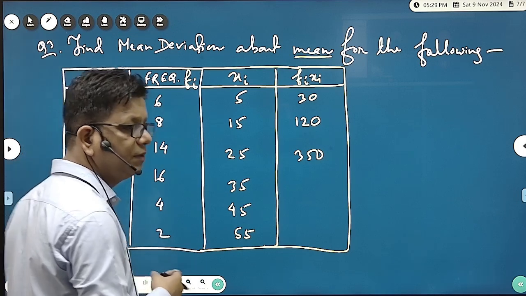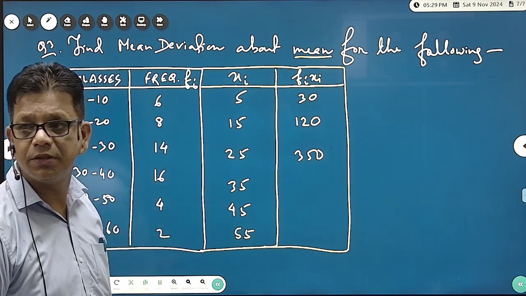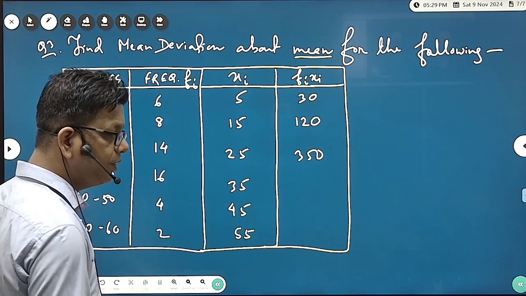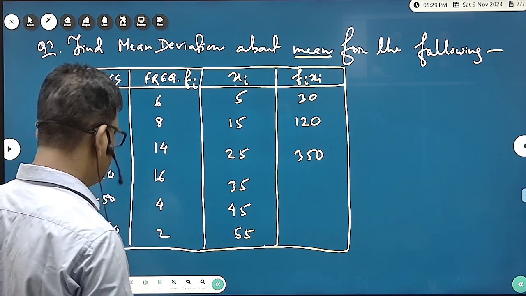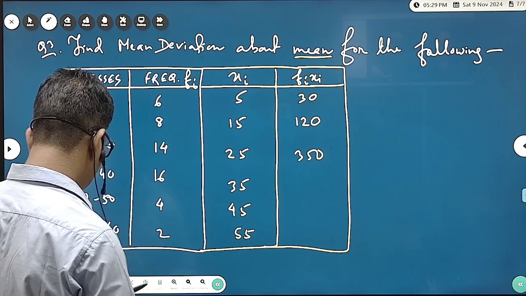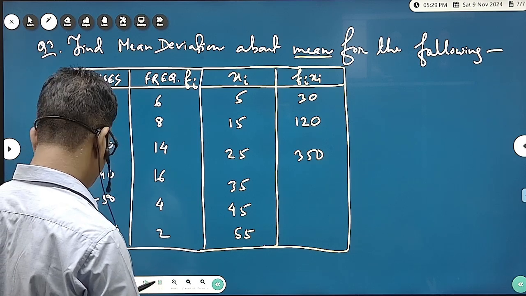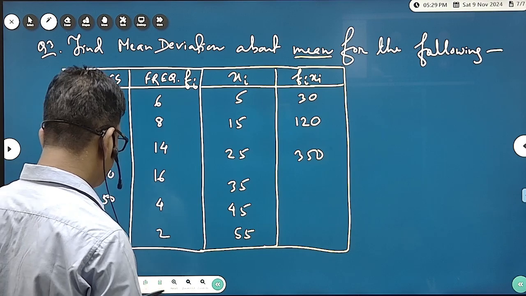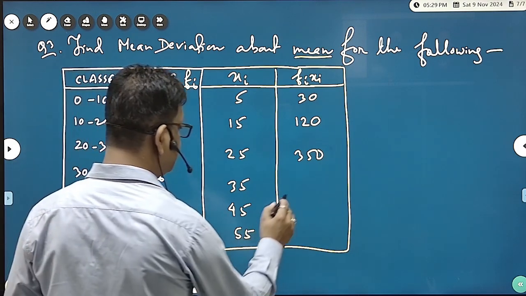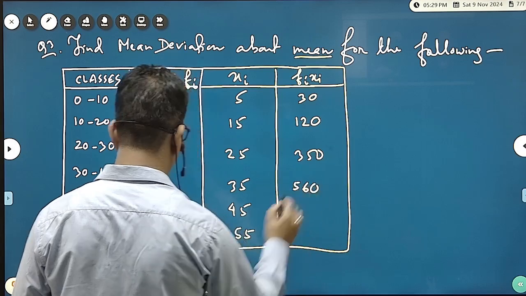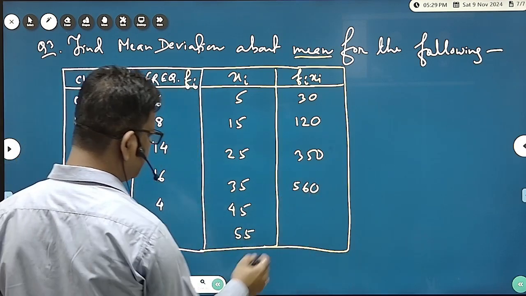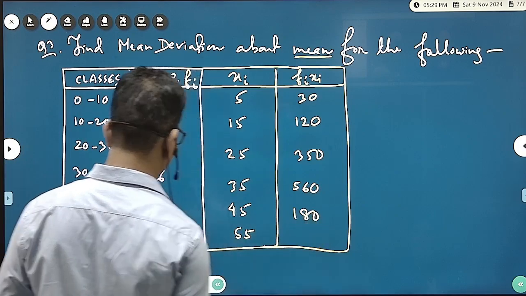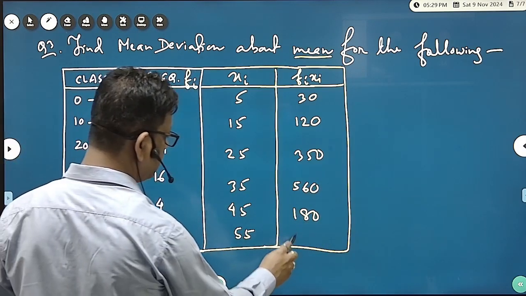You can use the mobile calculator as well. So 16 into 35 is 560. Right? So 45 into 4 will be 180, and 55 into 2 will be 110.